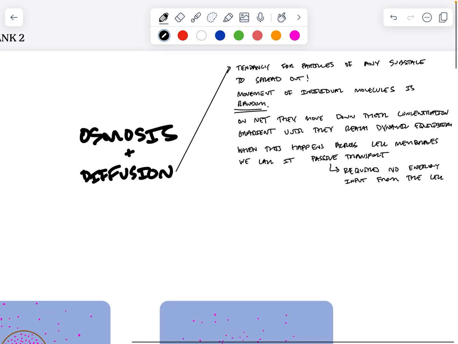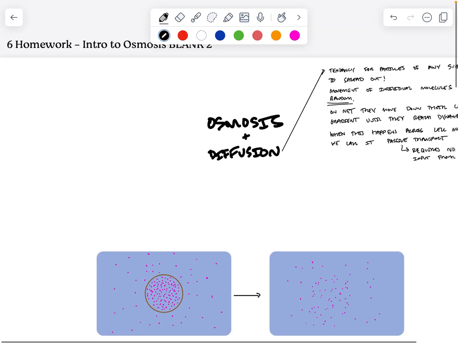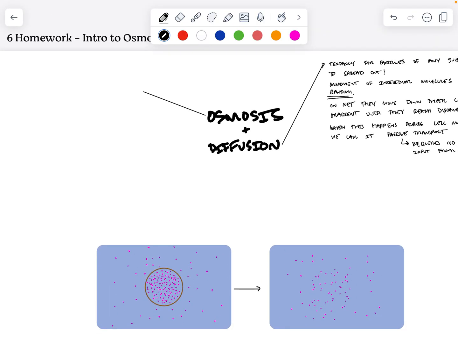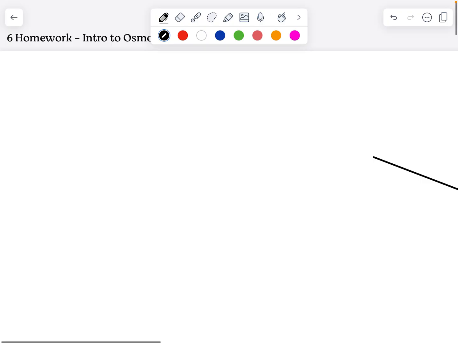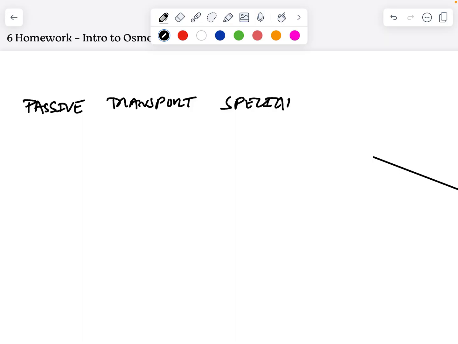Okay, so osmosis is a special case of passive transport. It's the diffusion of water.